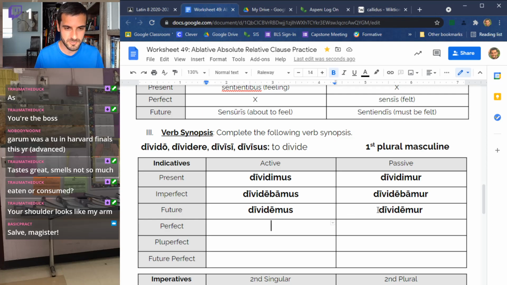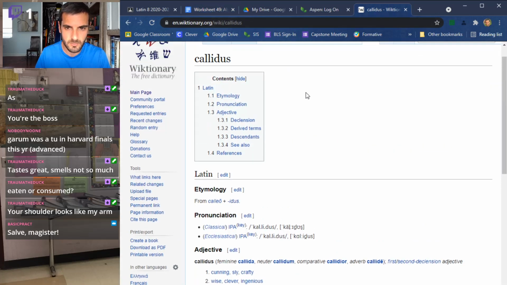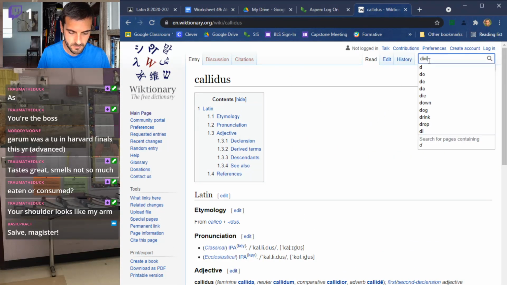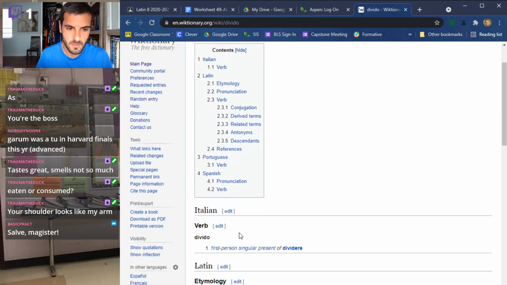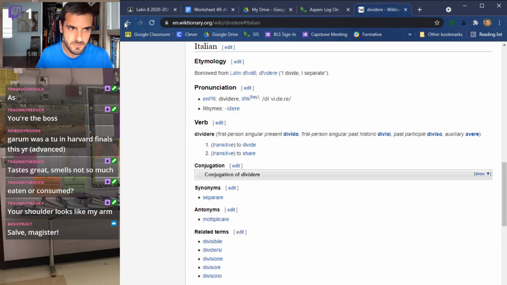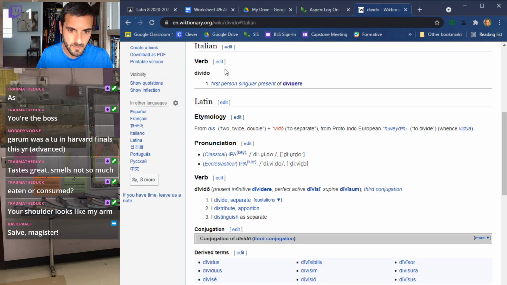Perfect active. So we use the third principal part, which is divisi. So divisimus, diviseramus, and diviserimus. Is that the third principal part? Is it divisi or dividi? Oh no. Yeah, it's divisi.